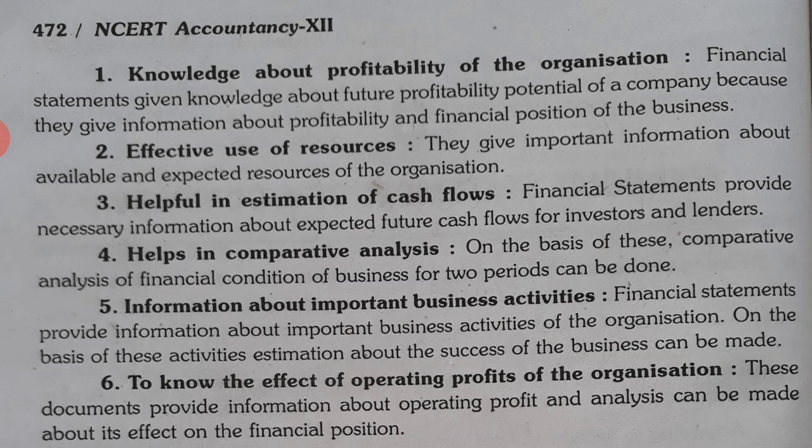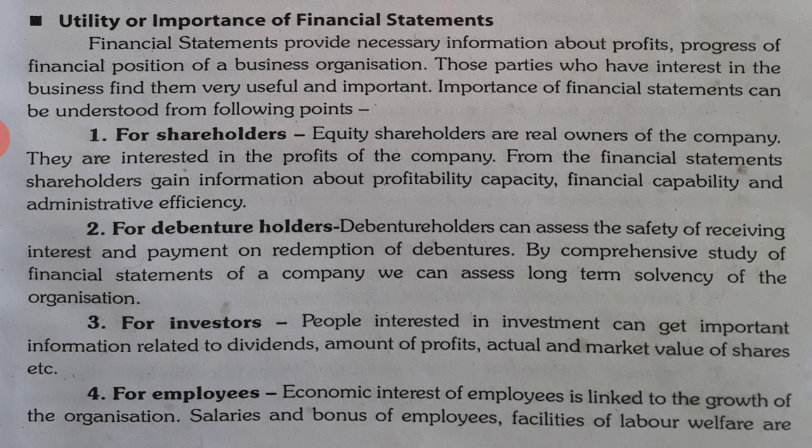What activity, what is the outcome from which activity, it can be known through financial statements. Sixth is to know the effect of operating profit of the organization, about which I already have dealt in point number 5.